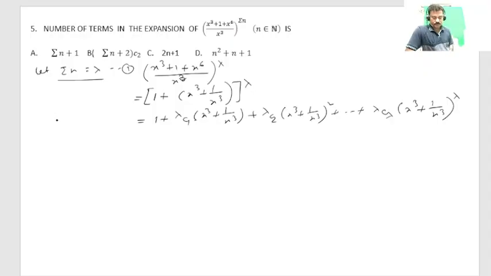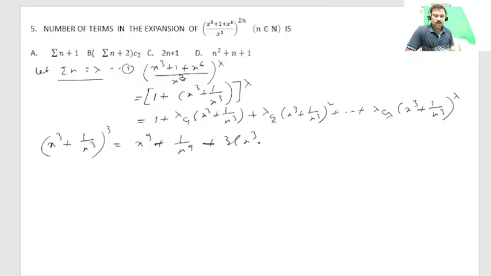Right. On expanding each term, that is x cube plus 1 by x cube whole cube, that is x to the power 9 plus 1 by x to the power 9 plus 3 into x cube plus 1 by x cube here.